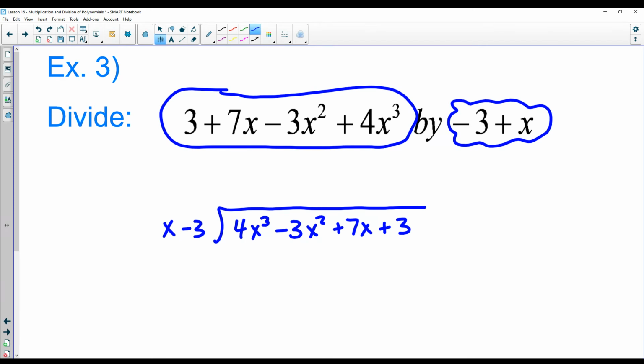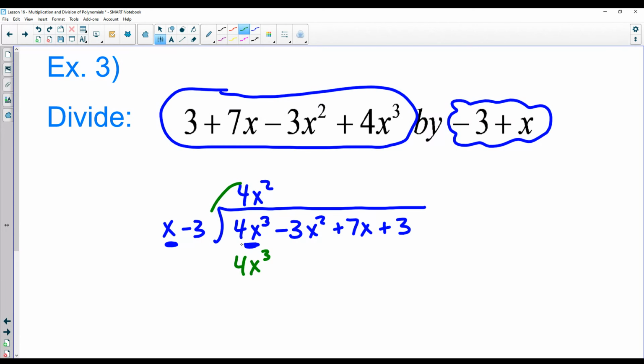Okay, guys, you ready? Here we go. Multiply just the first term in the divisor into just the first term inside. X goes into 4x cubed, 4x squared. Now we're going to multiply by both. So 4x squared times x is 4x to the third. Just do a quick check. We should always get the same term for that first step, and we did.